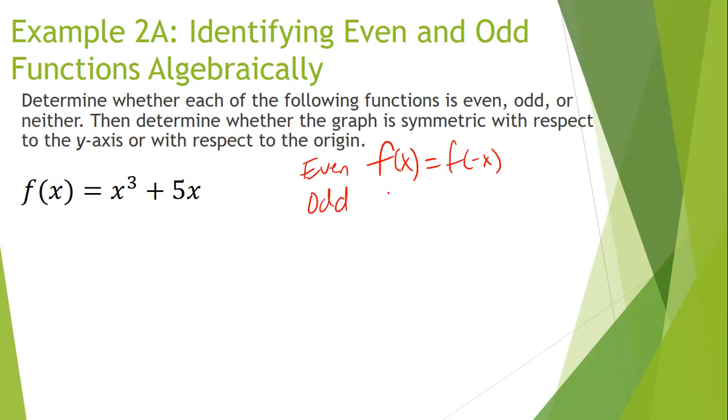What was the rule for odd? We wrote f of negative x equals negative f of x. Okay, now a quick identifying factor for this: if something's even, then its highest power has to be even.